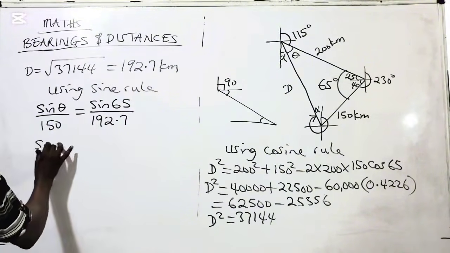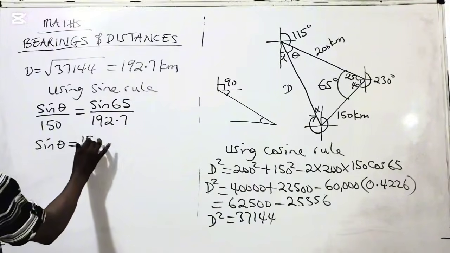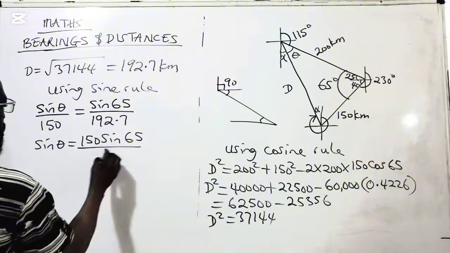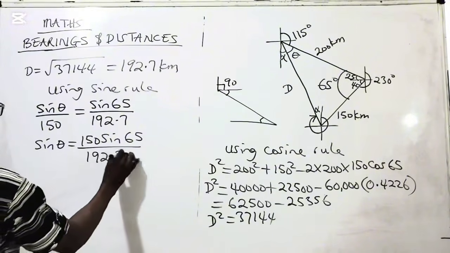So we get sine theta equals 150 sine 65 all over 192.7.